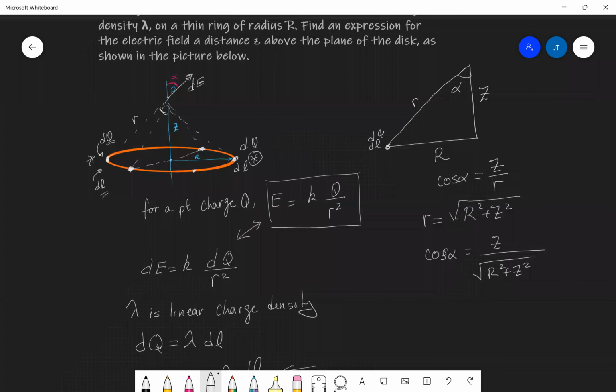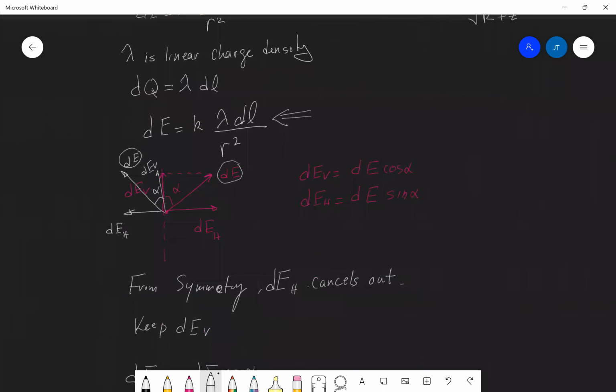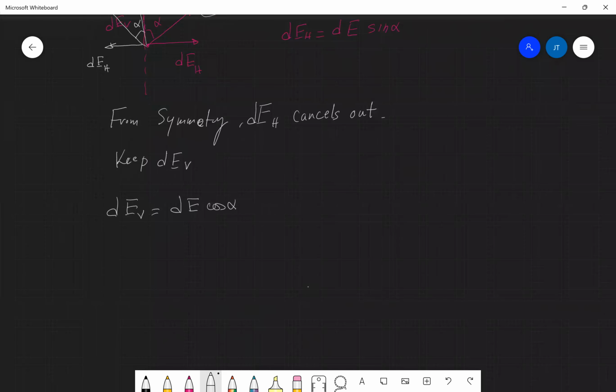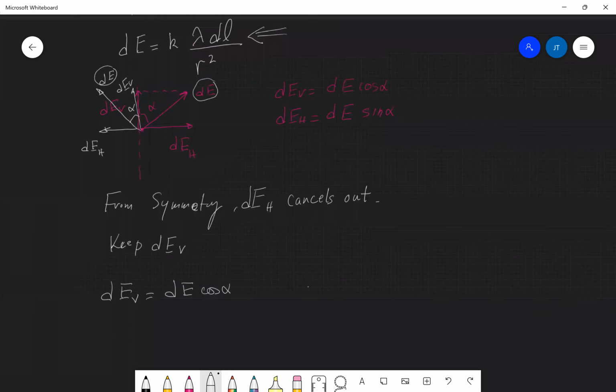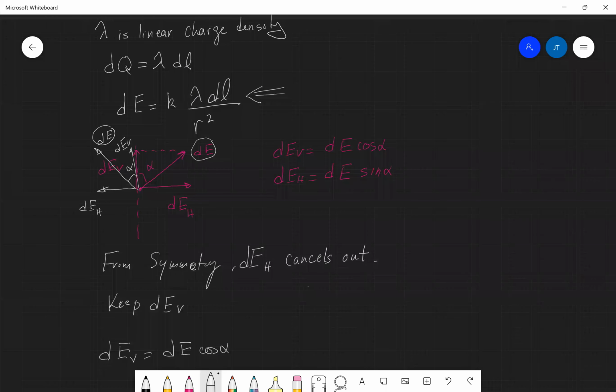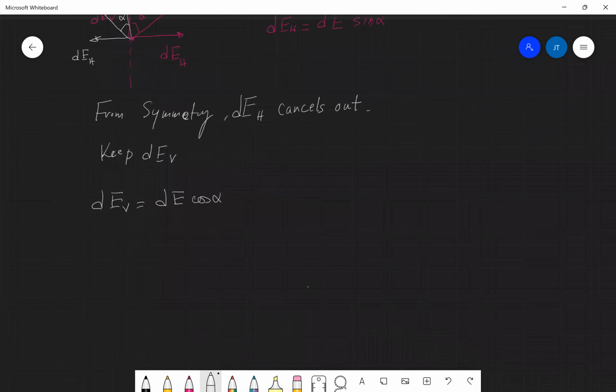So let's go down here now that we know what r and cosine alpha are. So now dE, there's the dE up here, k lambda dL over r squared. And cosine alpha is z over r. These r's combine to give me r cubed: k z lambda dL over r cubed.